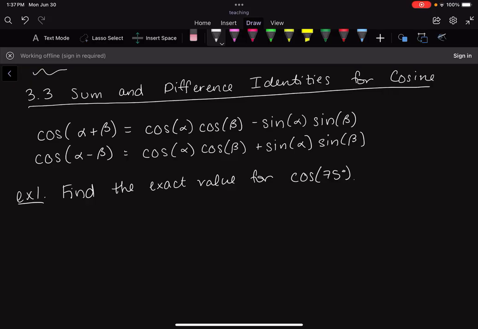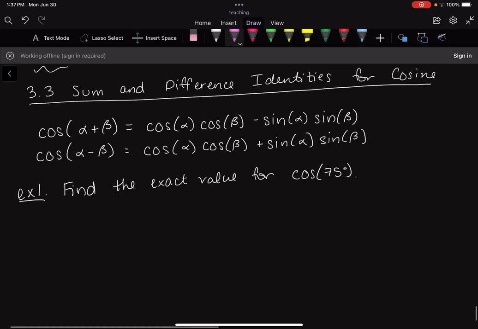For instance, we know cosine of 30, cosine of 45, we know cosine of 60. And so we're being asked, what is cosine 75 degrees? The issue here is that cosine 75 degrees does not have a reference angle that we are familiar with.